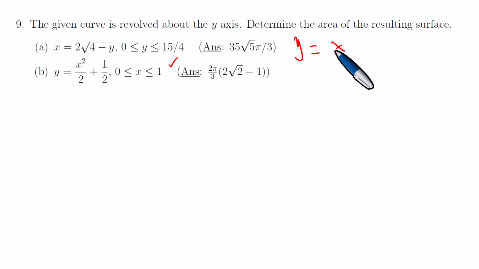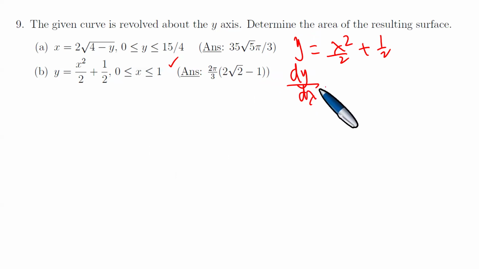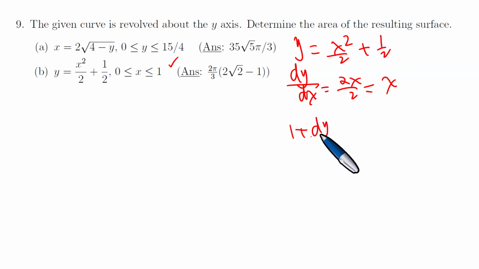Our y is already x squared out of 2 plus 1/2. dy/dx is 2x out of 2, and 2x out of 2 is exactly x. So 1 plus (dy/dx) squared is 1 plus x squared.